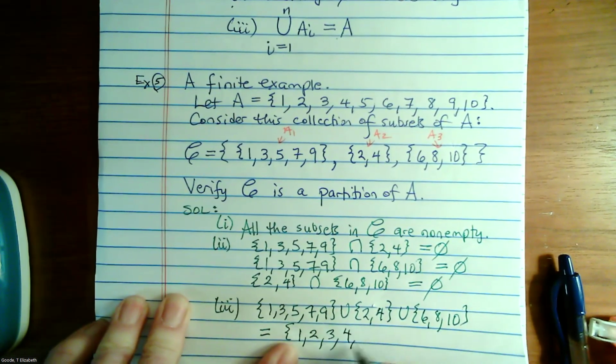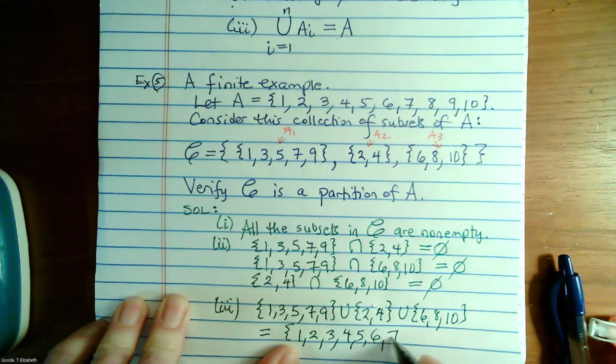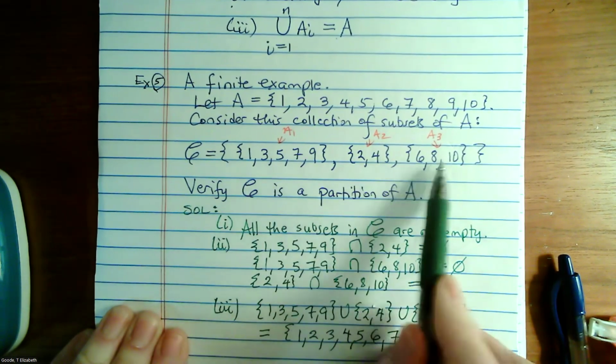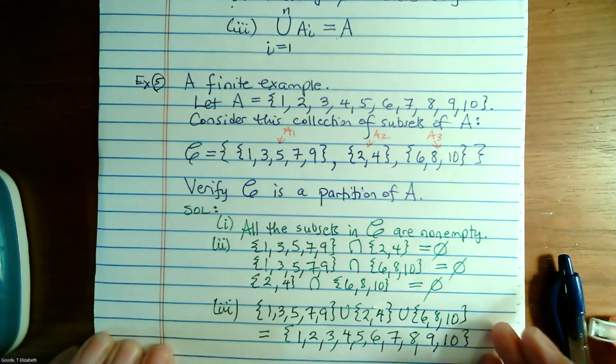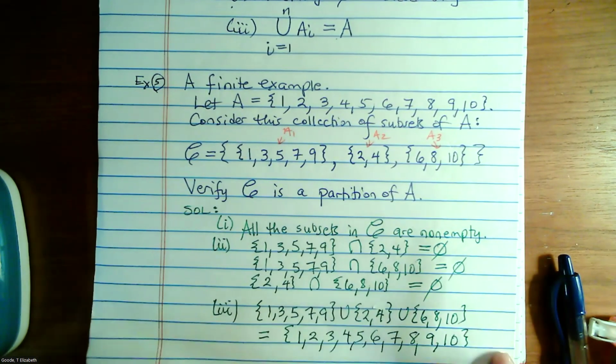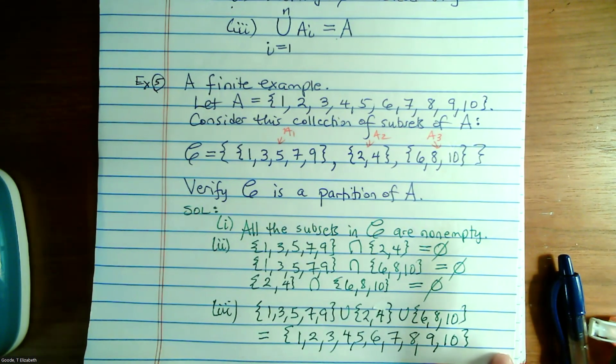So basically what we're doing is we're checking that every element of A appears exactly once in one of the three subsets. That's kind of the short check. Every element of A needs to appear exactly once. Questions?